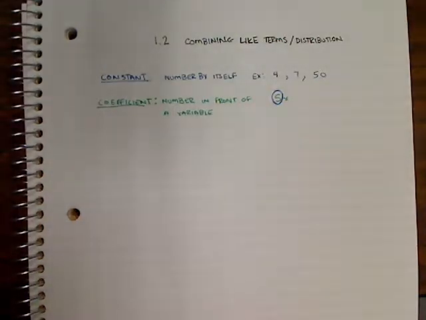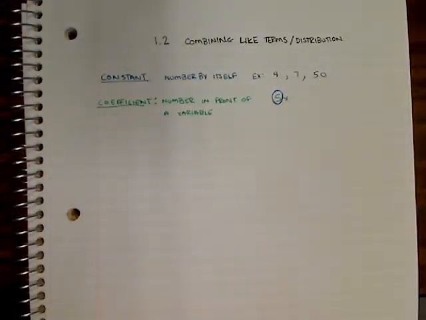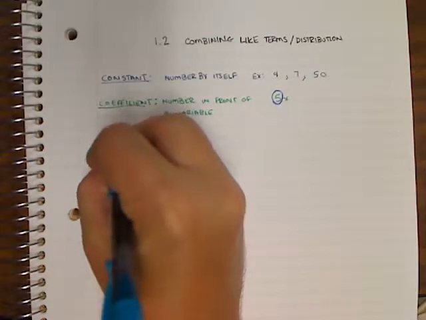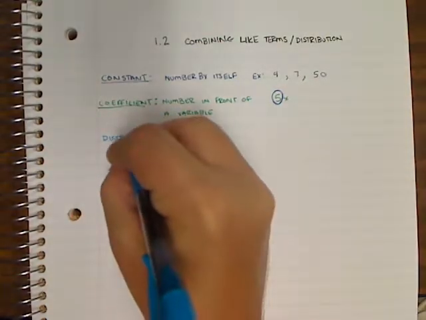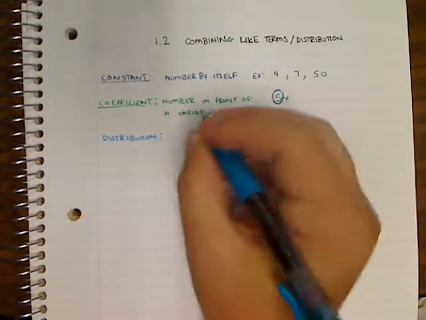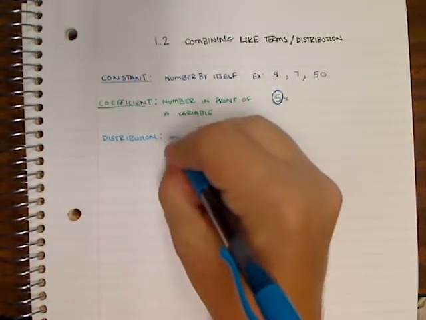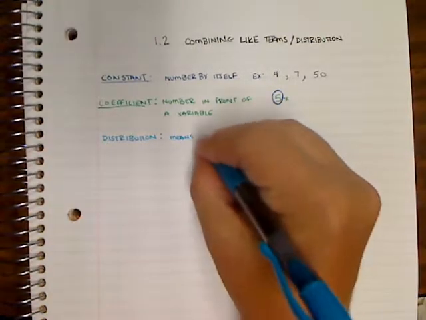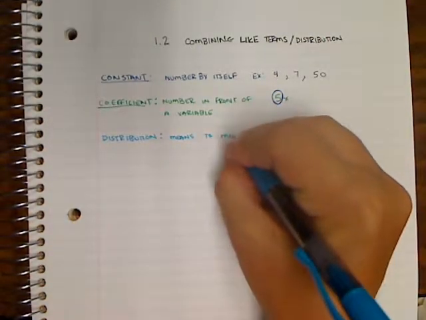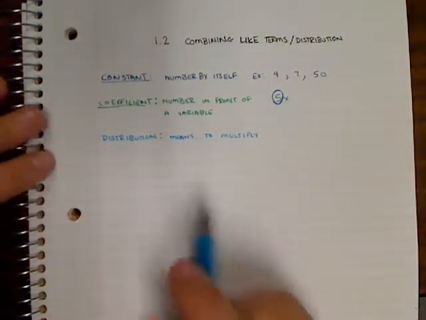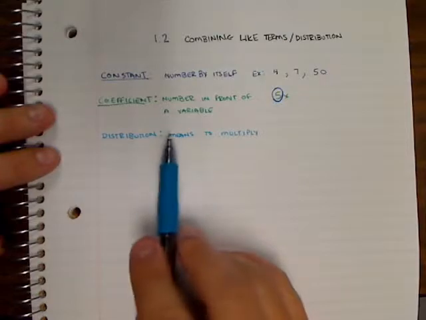All right. So let's take a look at distribution first because I believe that's going to be a little bit simpler. Distribution means we're going to multiply.